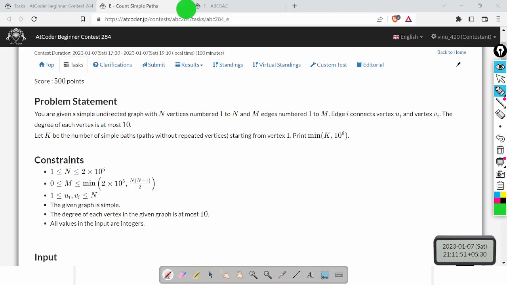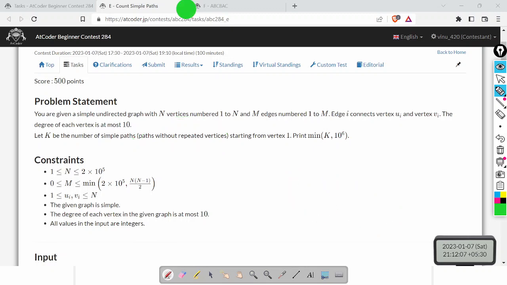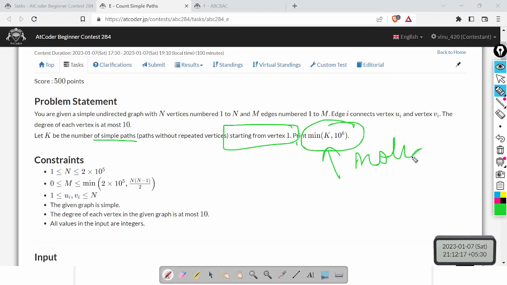Everything has its usual definition. A simple path is a path without repeating vertices, so if we have 1 2 3, we cannot come back to 2 or to 1. Each vertex can occur at most one time. We have to find the number of simple paths starting from 1, and print the minimum of the answer and 10^6.